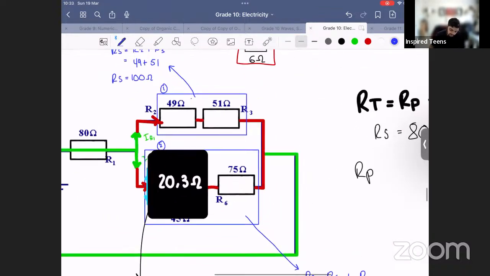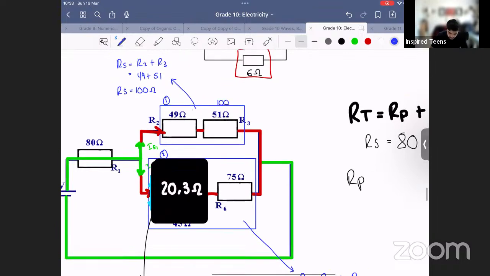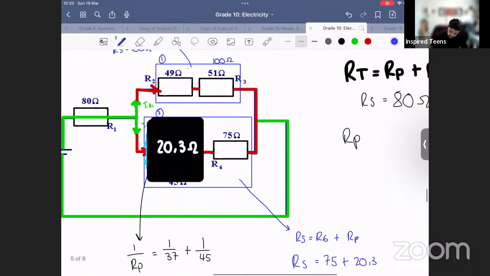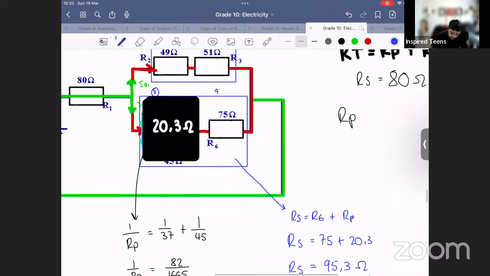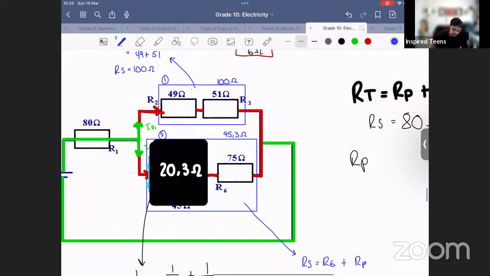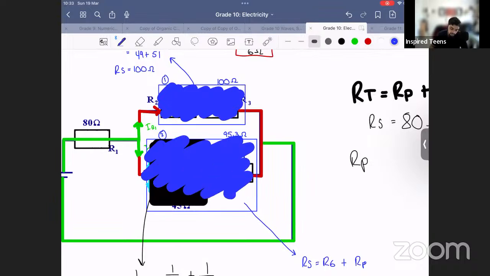So the effective resistance of this is 100 ohms. The effective resistance of this is 95.3 ohms. Now tell me, these two blue boxes, I can replace this entire thing with 100 ohms, and this entire thing with 95.3 ohms.